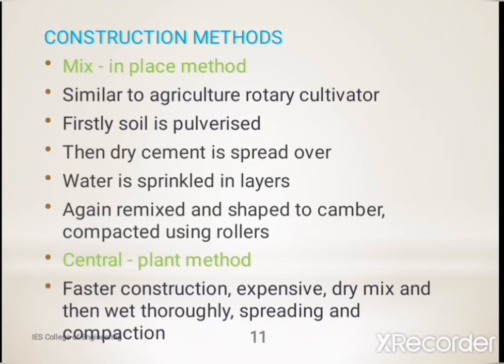In this method, the excavated soil is transported to a plant located at a suitable place. Then, the required quantity of cement is added to the soil in the plant. The mixed material is then discharged into dumper trucks and transported back to the subgrade. It is spread and properly compacted.